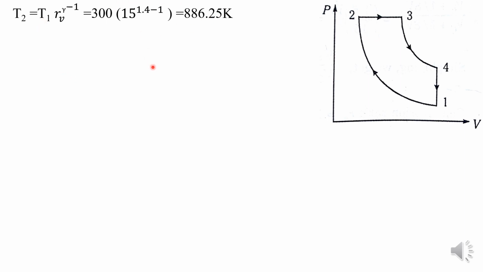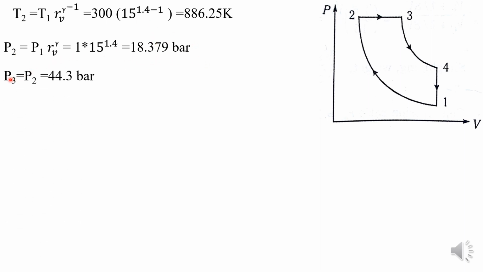Next P2, in a similar way, you will get 18.38 bar. Next, P3 is also equal to P2 since it is a constant volume process. Alpha, the cutoff ratio, you know. So you can use P3 V3 by T3 equal to P2 V2 by T2.